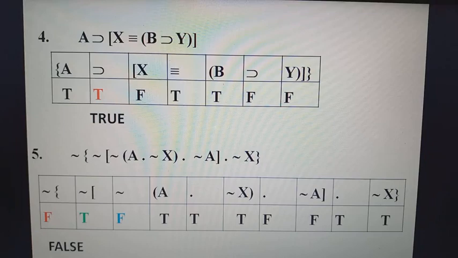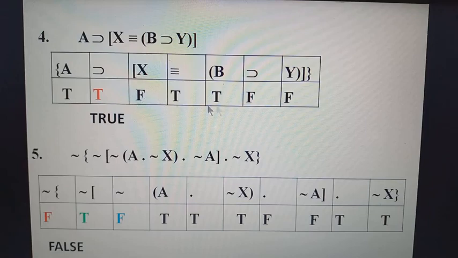So since the first component here is false, and the value of this parenthesis is false, they are both false. So the components have equal values, therefore it's true. This is now the value for the whole of these brackets, true, because this is what connects this and the whole of this.